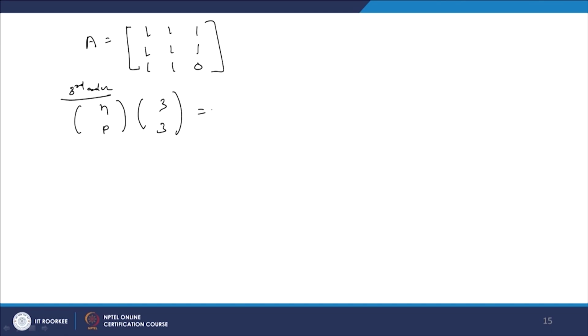How many principal minors are possible? nCp equals factorial n divided by factorial p times factorial n minus p. So, factorial 3 divided by factorial 3 times factorial 0, that is 1. So we will get 1 principal minor.